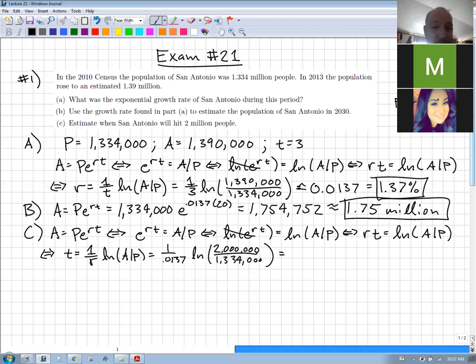We take the natural log, divide by 0.0137, and approximately 29.6 years. So if we add 29 years to 2010, this would be in the year 2039, or 2040 if you're rounding up.